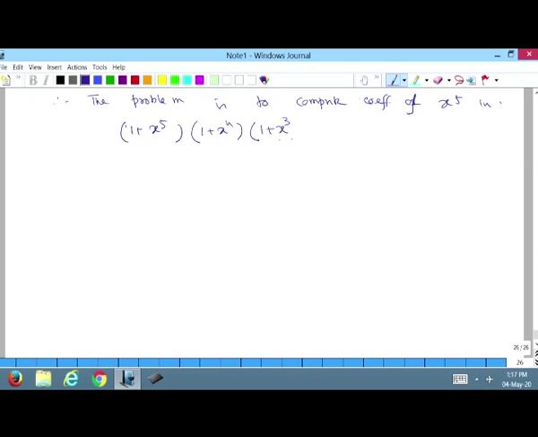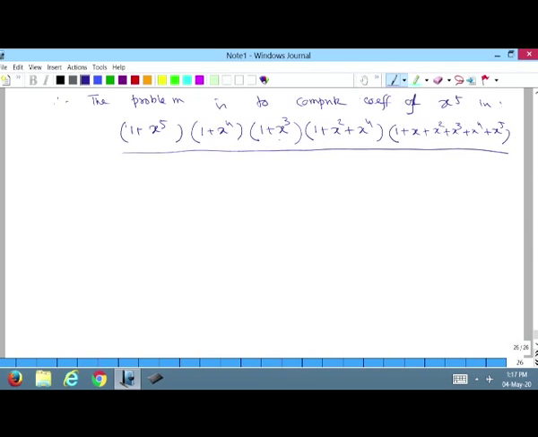We are not going any further because the next term is x to the power 6. Then 1 plus x square plus x to the power 4, multiplied by 1 plus x plus x square plus x cube plus x to the power 4 plus x to the power 5. I need not go anything beyond that, and we need to find the coefficient of x to the power 5.